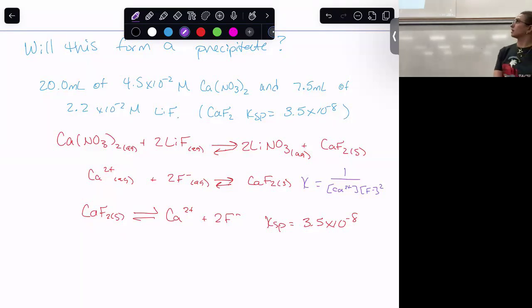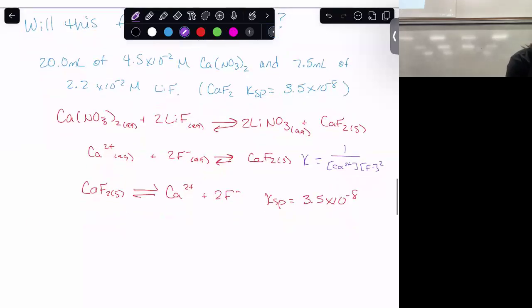It's moles. Yep, because if we were to take calcium nitrate, we're given 4.5 times 10 to the negative 2 molar. Remember that molar is moles over liter. So if we want to get to moles of calcium nitrate, we have to multiply by what? We have to times 0.02 liters.